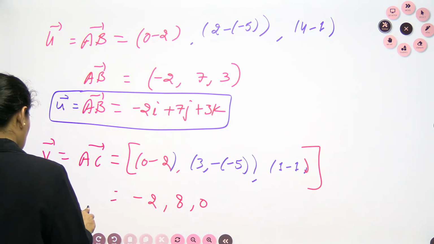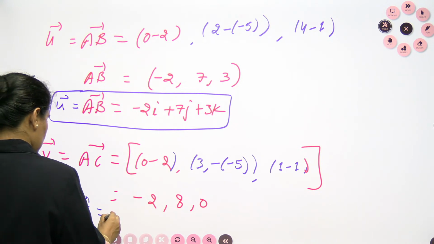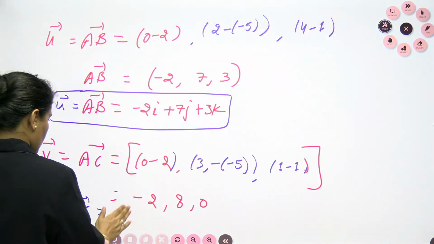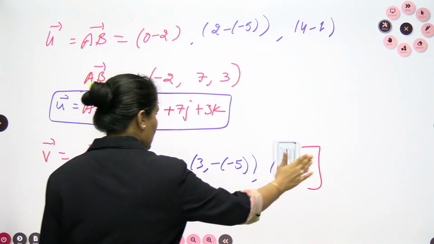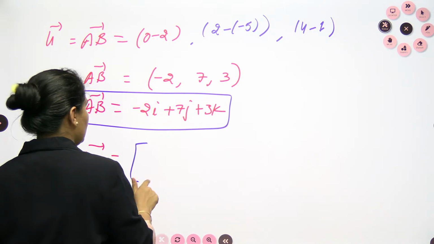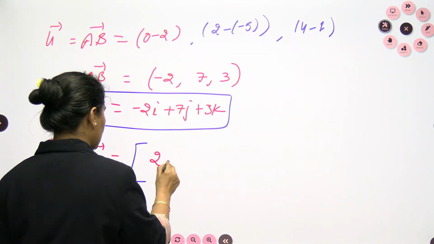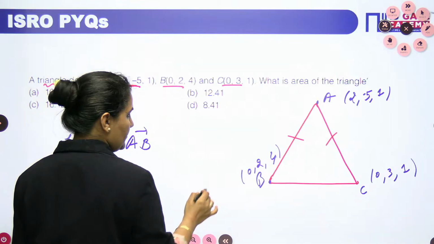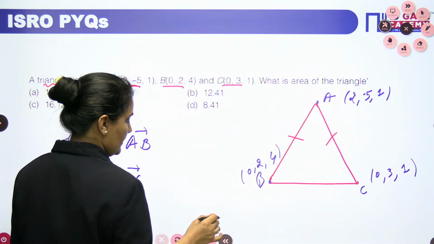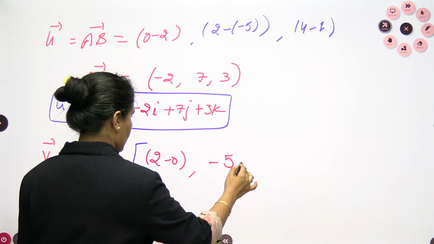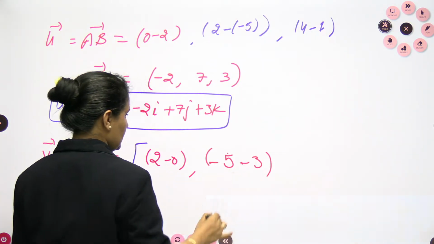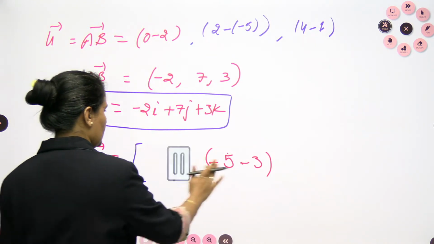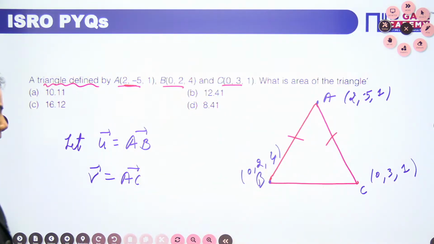For AC, if I go this way, the sequence will change. For AC it would be 2 minus 0, then minus 5, minus 3, and then 1 minus 1, but again it will be the same, 2 minus 5. No. It will be 0.